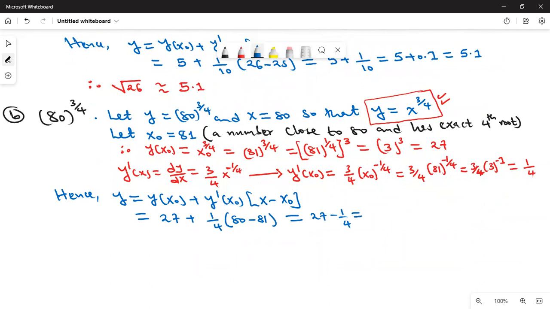That is 27 minus 0.25, and so that will give us 26.75. So we have found that by linear approximation. Therefore, 80 raised to 3 over 4 is approximately equal to 26.75. That is, if you use linear approximation without the aid of your calculator.